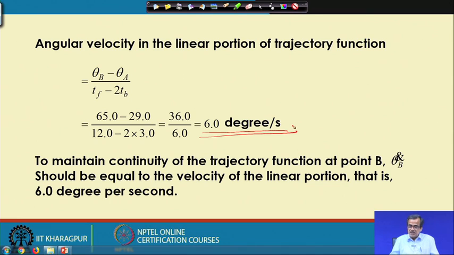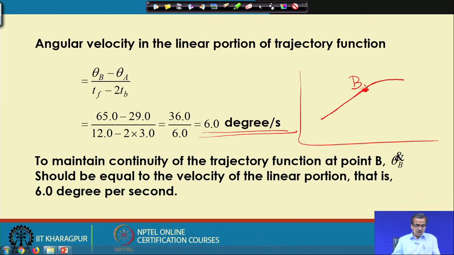And as I mentioned, if this is the linear portion, this is the point B. At point B, the continuity has to be maintained. So the velocity at the end of this linear portion will become equal to the initial velocity of the blend portion, and that is why the initial velocity of the blend portion, theta dot b, is equal to 6.0 degrees per second.